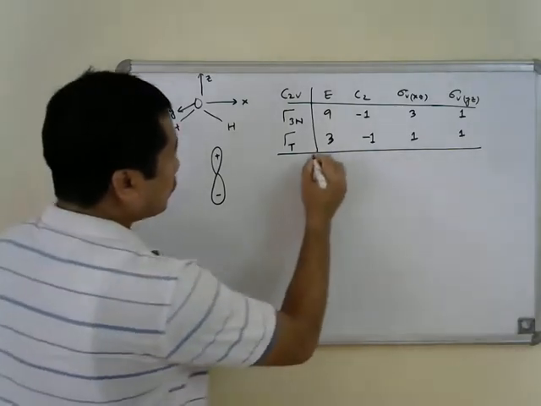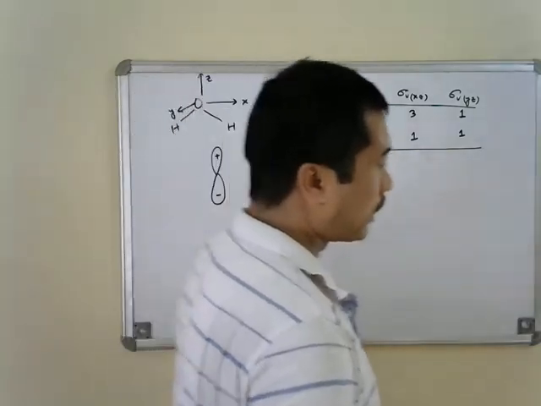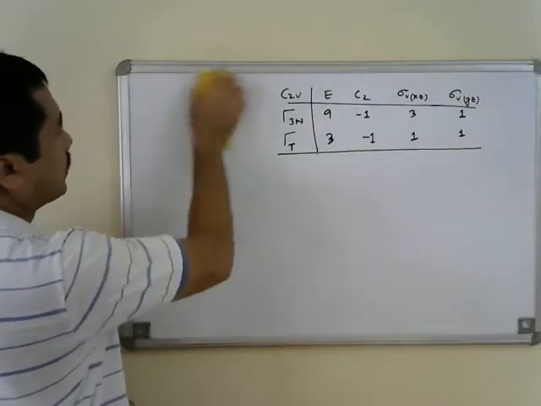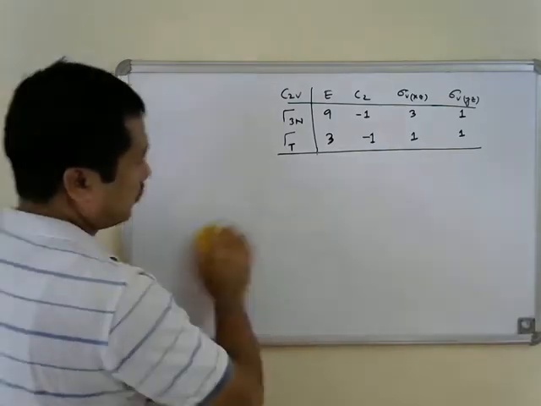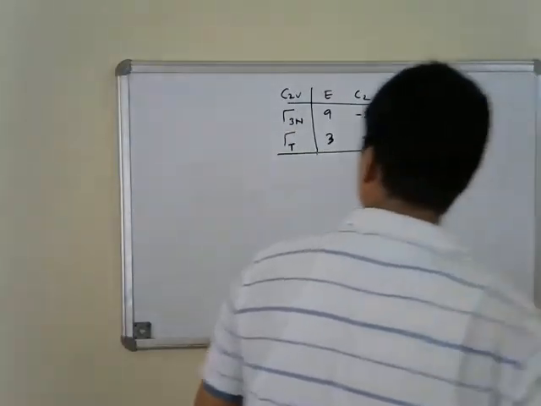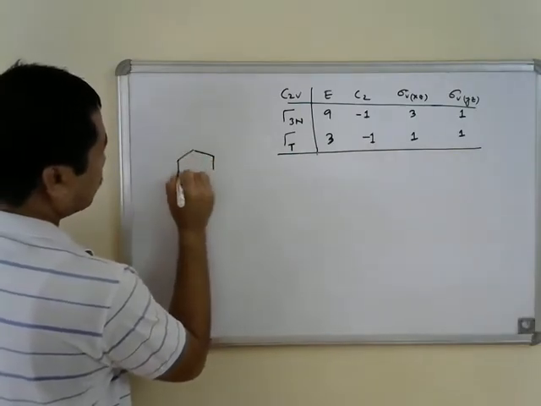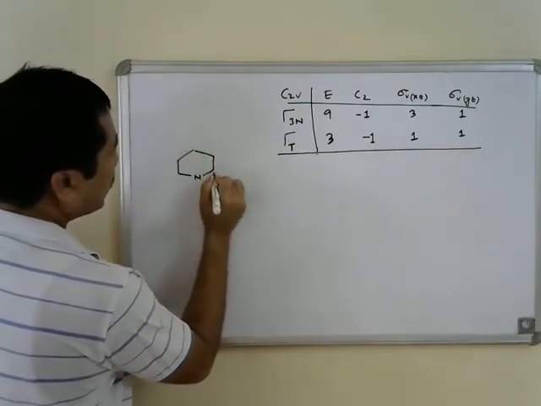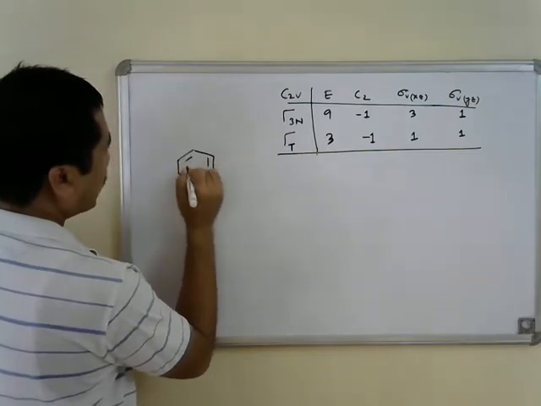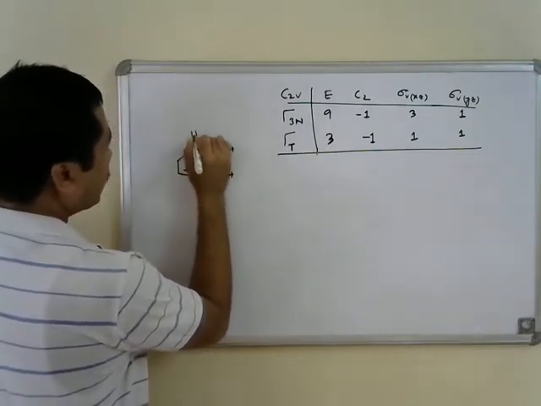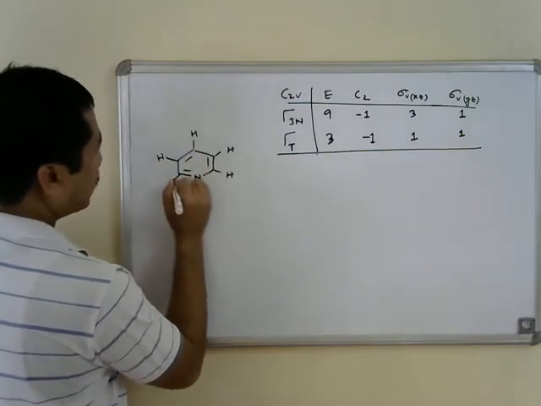Now let us take another molecule which has C2v point group. Let us take the pyridine molecule as an example. Pyridine also has C2v point group, as you can see here.